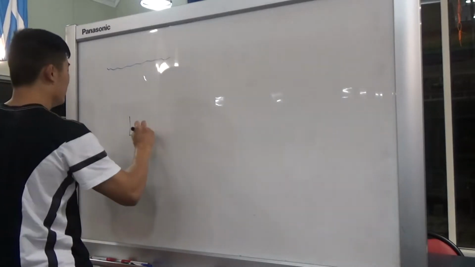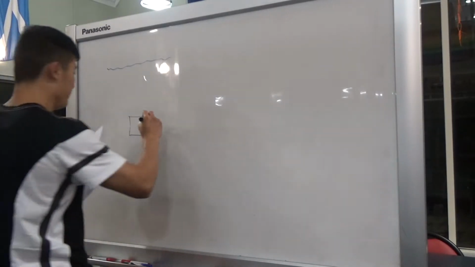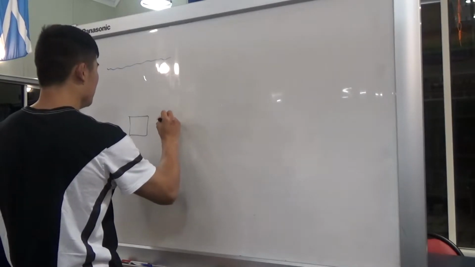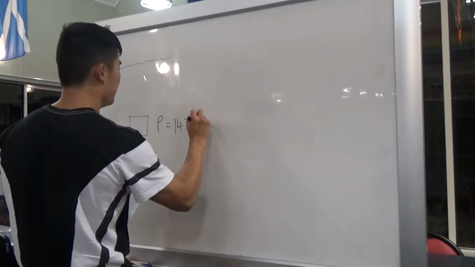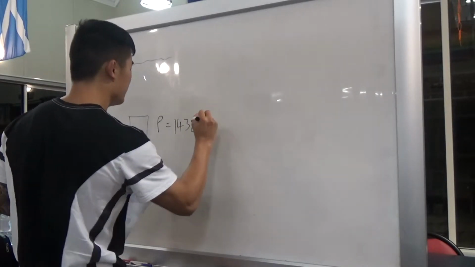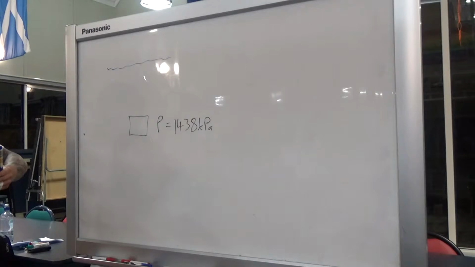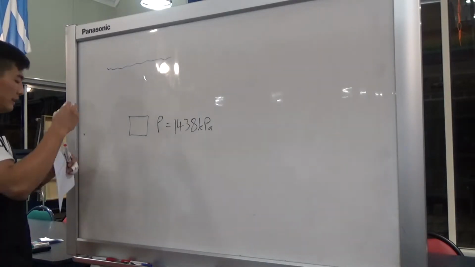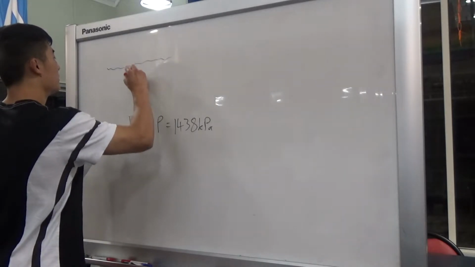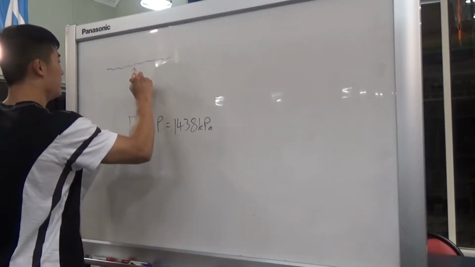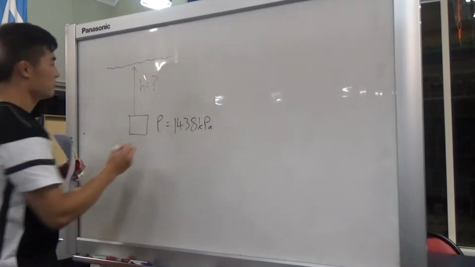And we have our bell here, and we know that the pressure is equal to 1438 kilopascals, and we want to find the height, right?